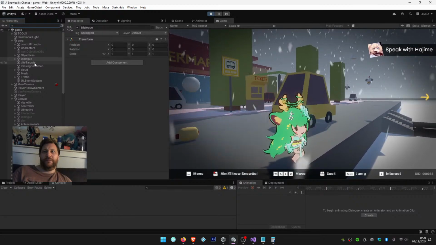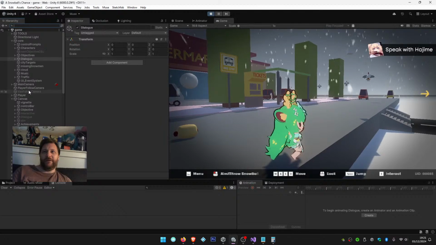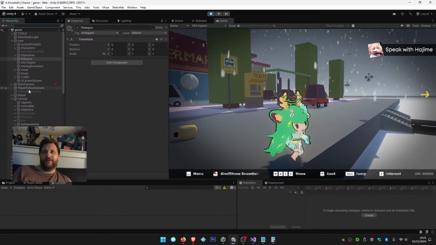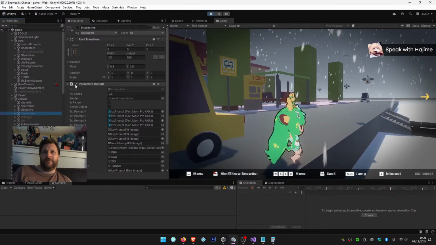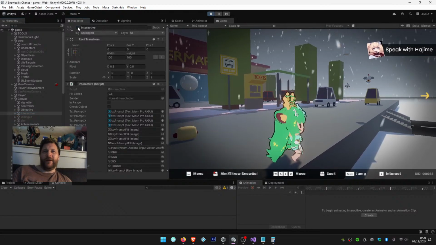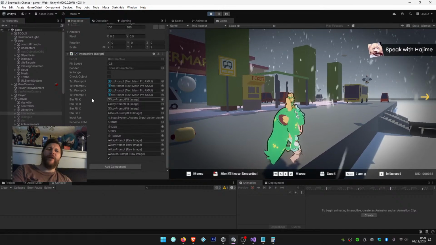No. So what the fuck is killing the interactive system at every single frame then? Is it coming from itself? No, it's not coming from itself. What the fuck is happening?